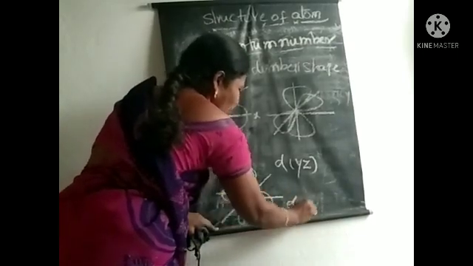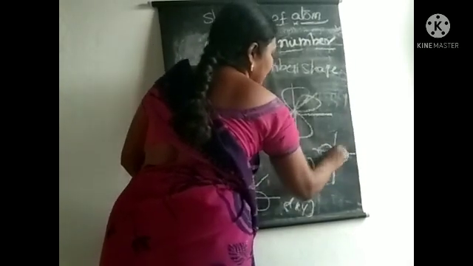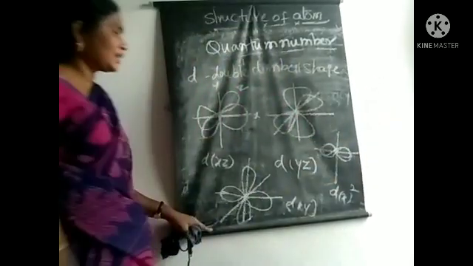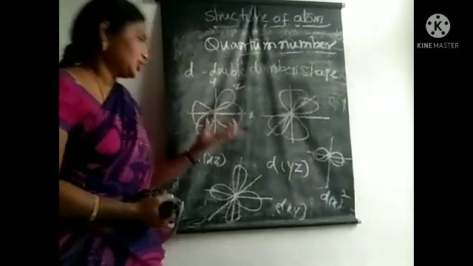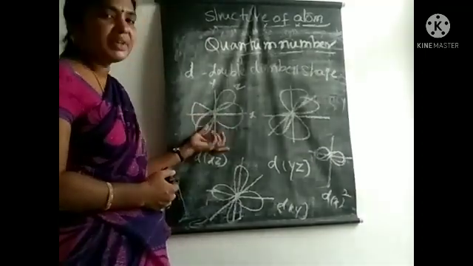Dxy. Here you can observe. Dx square. Like that, this is the d orbital shape. Here is a d orbital shape.